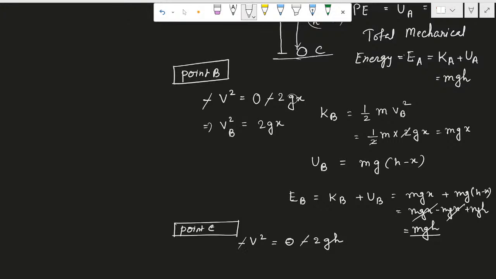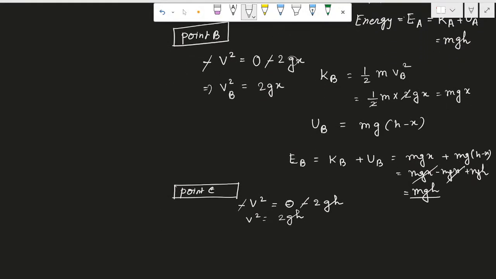Minus minus gets cancelled, so v square is equal to 2gh. Now if this is vc square, the kinetic energy at C is half m vc square, which is half m times 2gh. So the 2 gets cancelled, you get mgh.